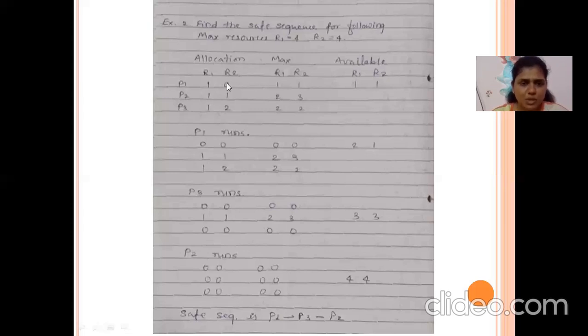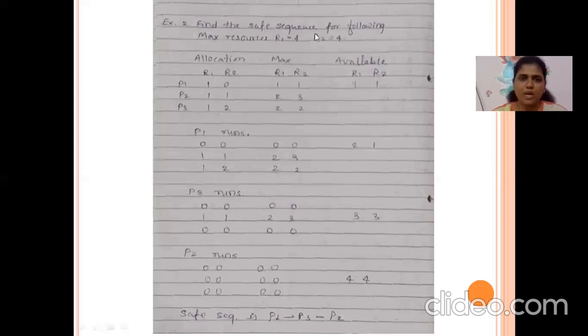That means a total of 3 instances are given amongst P1, P2 and P3, and now out of 4, if 3 are given, that means only one instance of resource type R2 is available. So that information is stored in the available matrix.